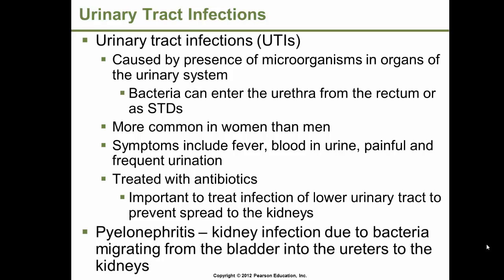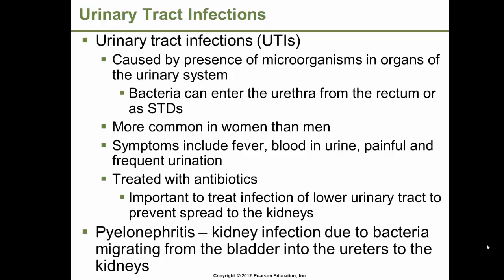Urinary tract infections, or UTIs, are caused by the presence of microorganisms in the organs of the urinary system, and bacteria enter the urethra from the rectum or as sexually transmitted diseases. They're more common in women than men, and symptoms include fever, blood in the urine, painful or frequent urination.